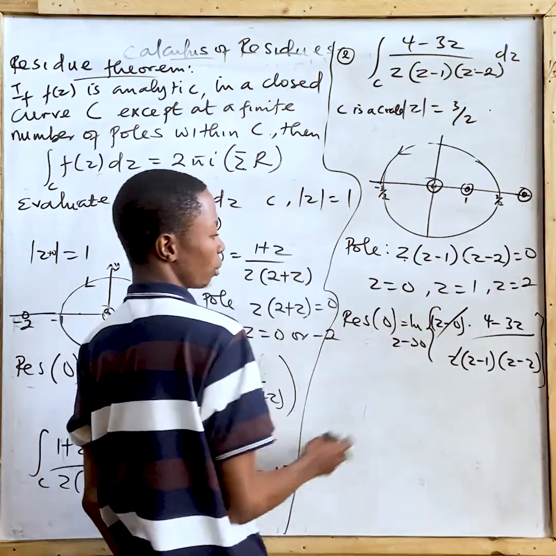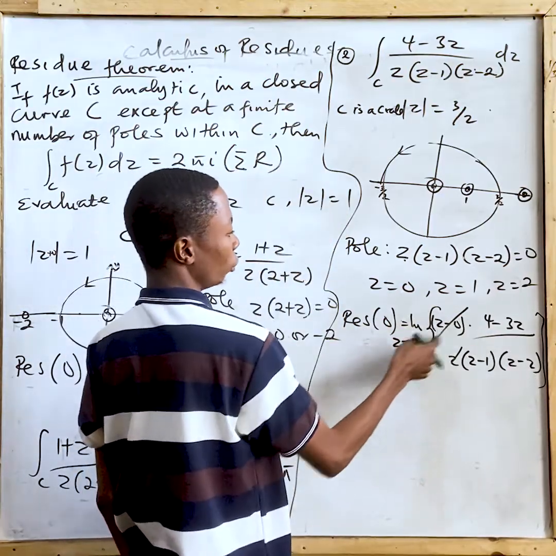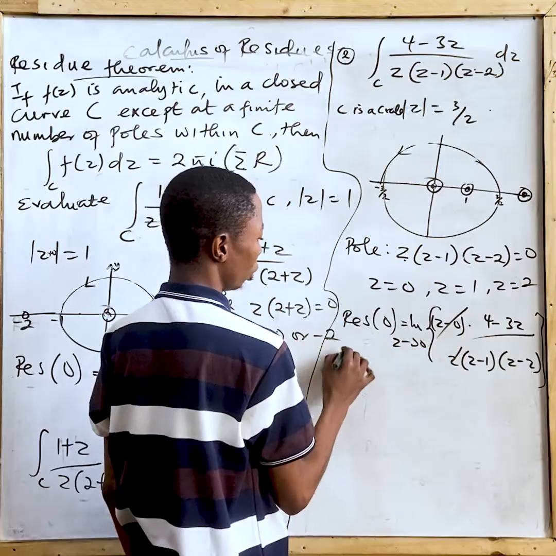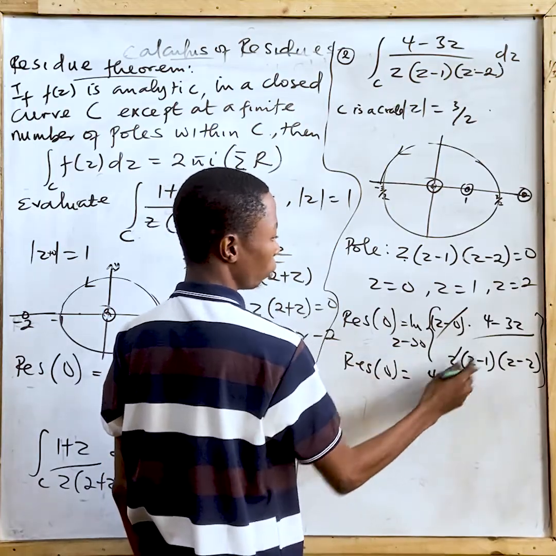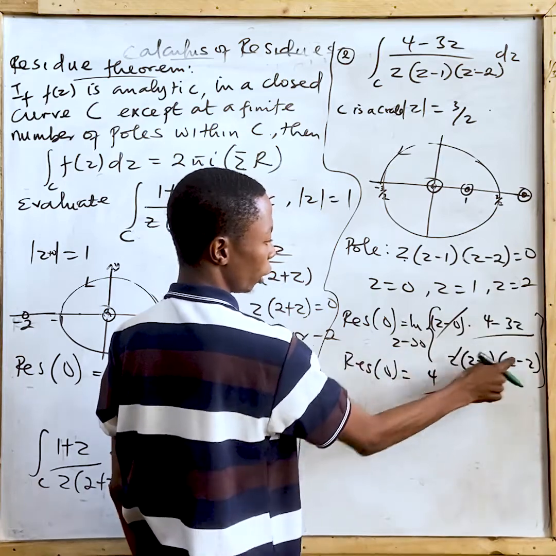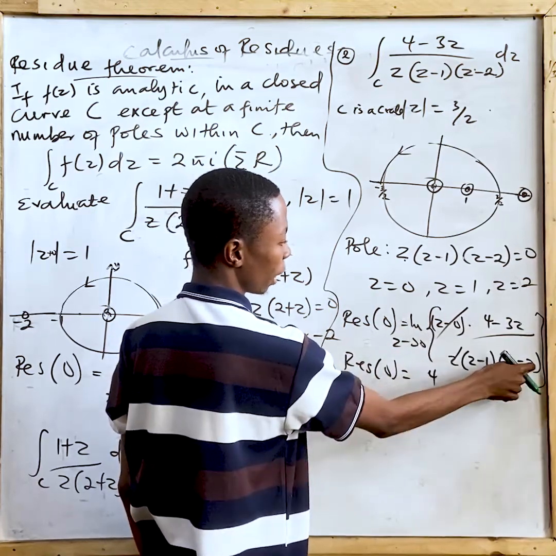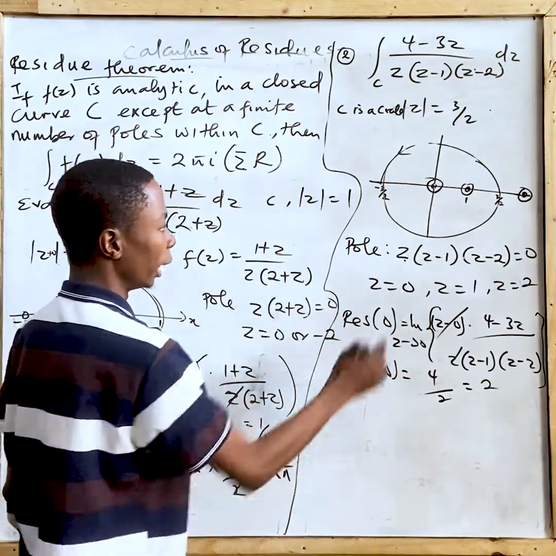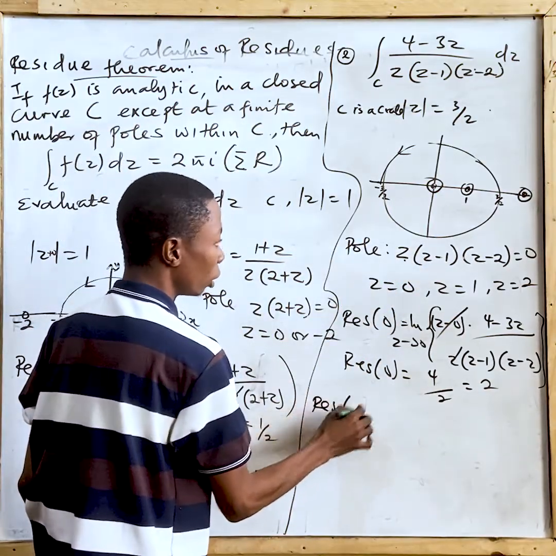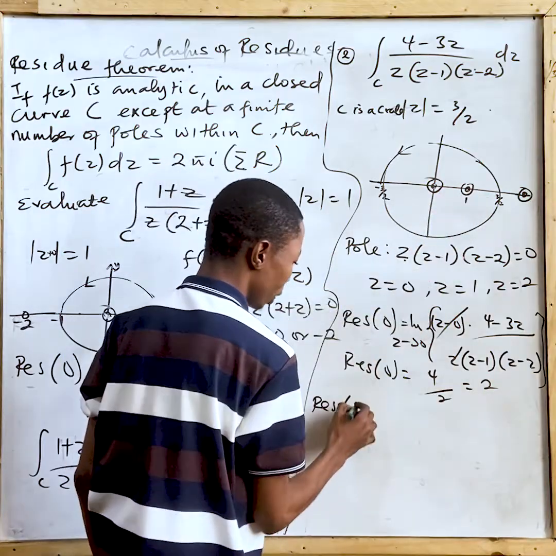So Z minus 0 cancels Z. Then for the other one now, put 0. So that's the residue at 0. If you put 0 here, that's 4, because this one will vanish. Put 0 here, put 0 here. This one will be minus 1 times minus 2. That's 2. 4 over 2 is 2. Then the residue at the other pole, the residue at 1.